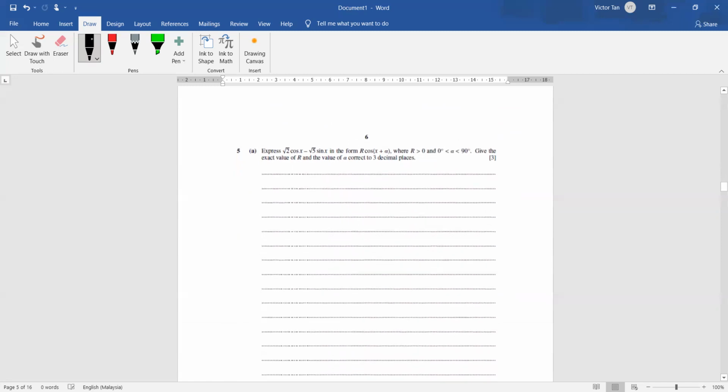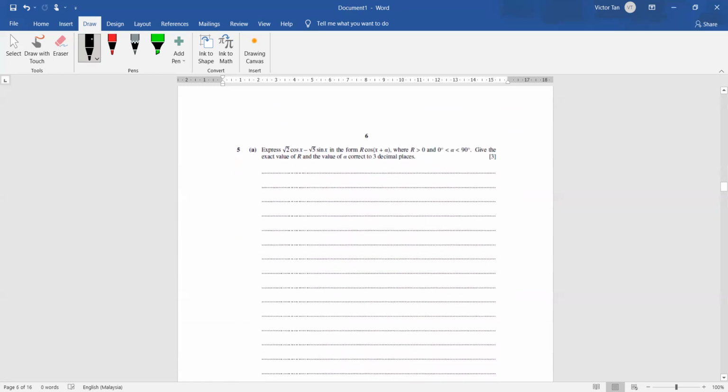That's it. Express root 2 cos x minus root 5 sin x in the form R cos(x plus alpha). Give the exact value of R and the value of alpha correct to 3 decimal places. So in this instance, you can refer to MF19. R would be square root of root 2 square plus root 5 square. So this is 2 plus 5, root 7.